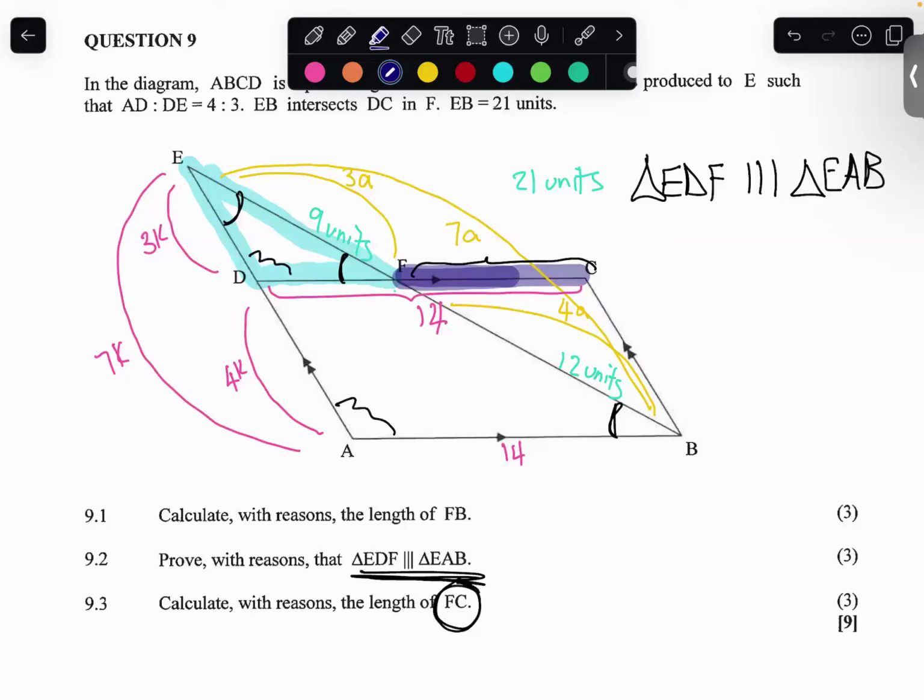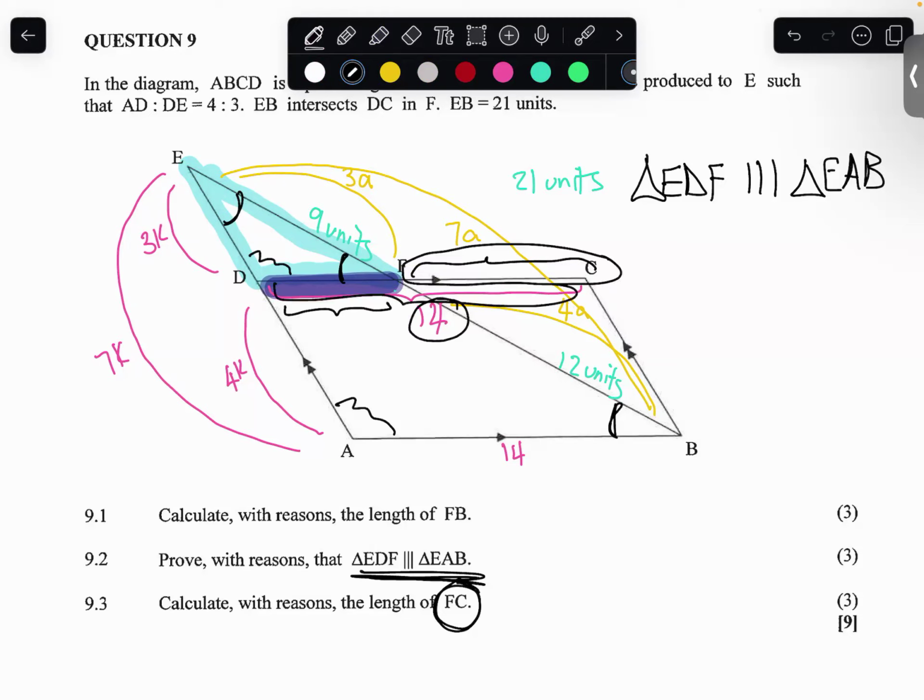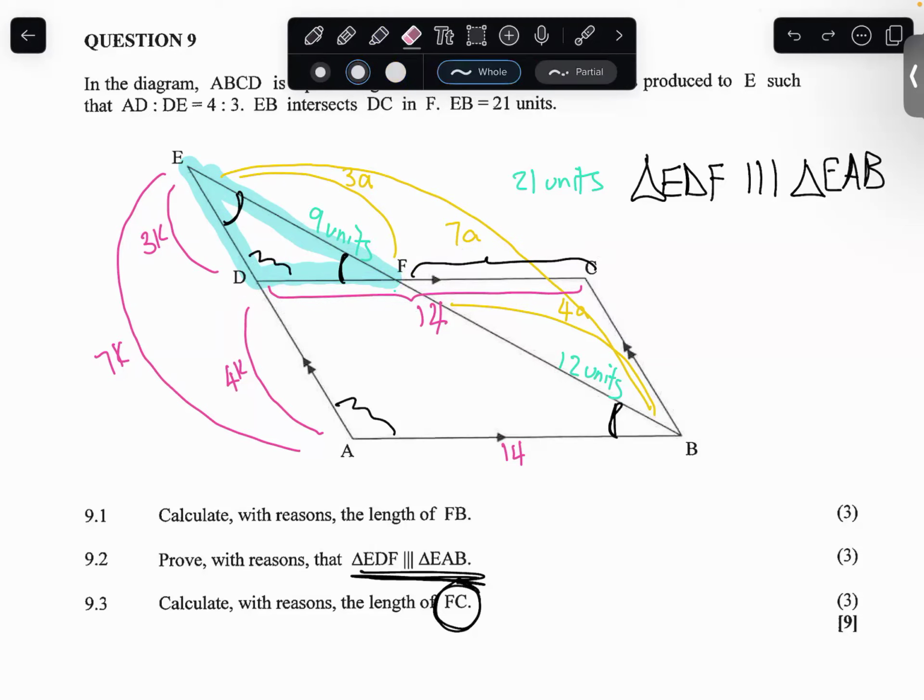Now I don't have enough information in that triangle to get that part. However, I can get this part, which is FD, right? So this is what I'm going to do. If I get FD, I can say that FC is 14, which is the whole thing, minus FD. I'm going to get the length of FD first.